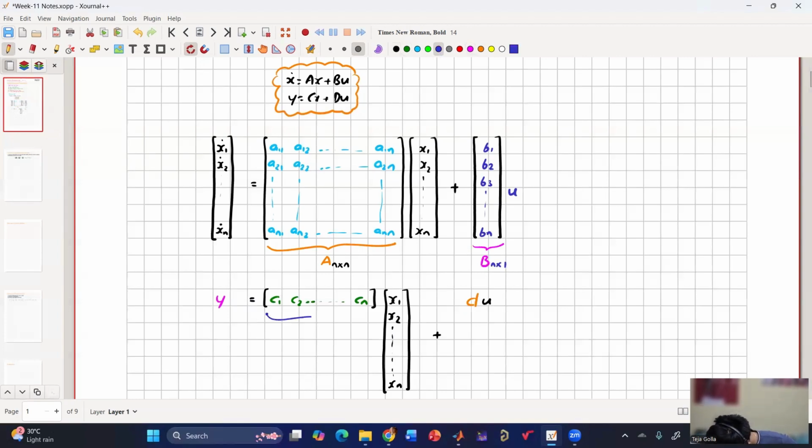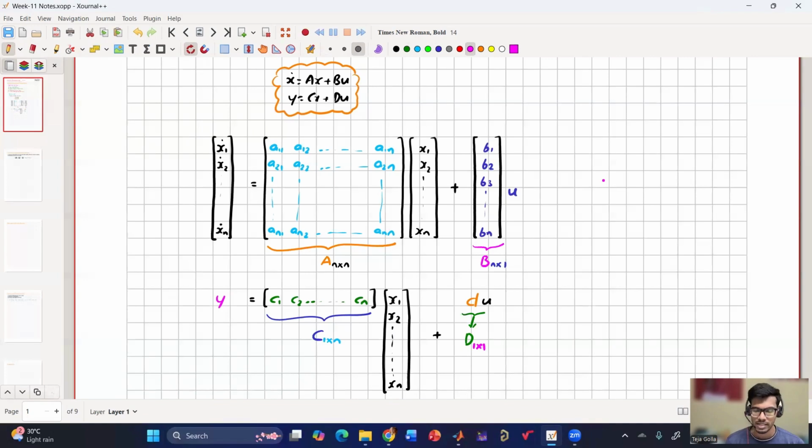And this is my C matrix, which is 1 cross n. And then this is my D matrix, which is 1 cross 1. So in this way, I'll get the matrices and then I can obtain the relation between the inputs as well as outputs, as well as what are the states in a given system.